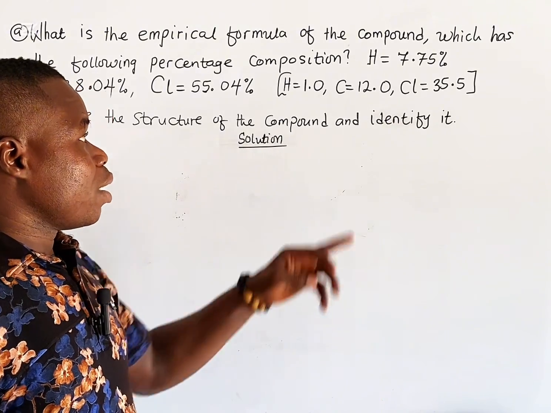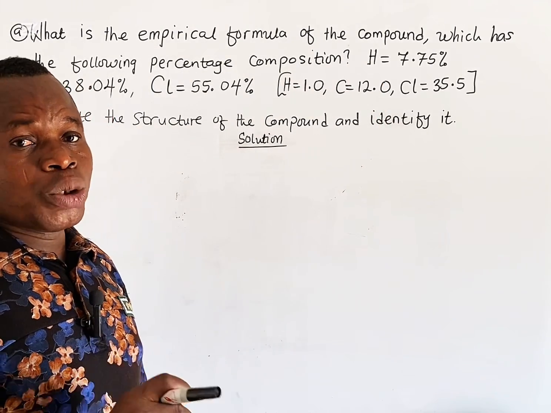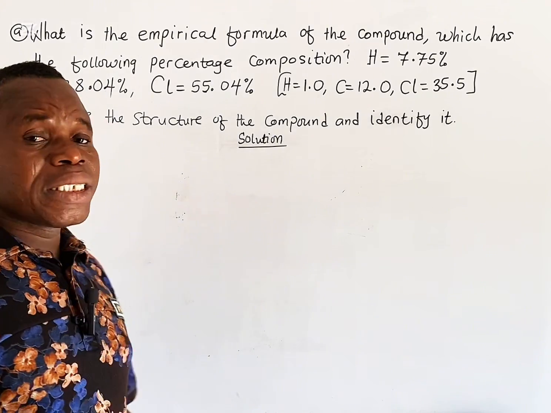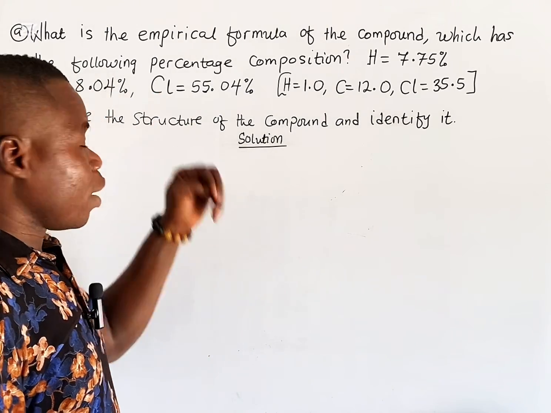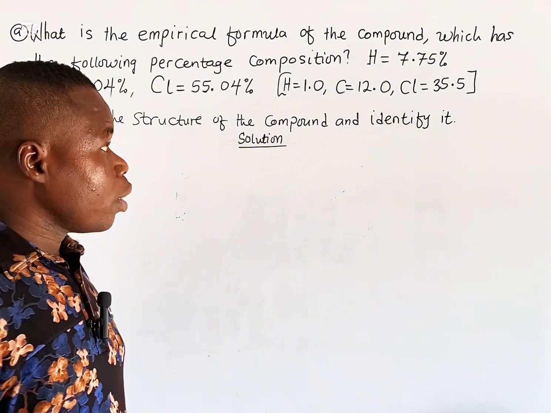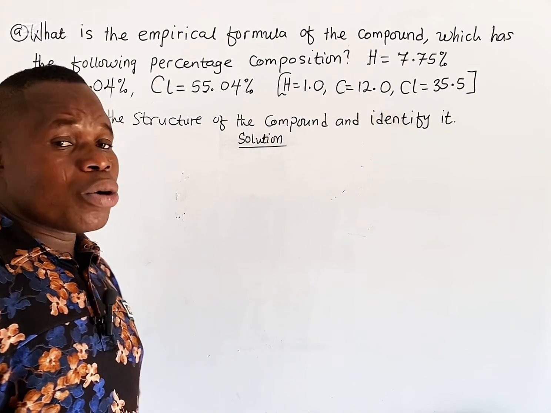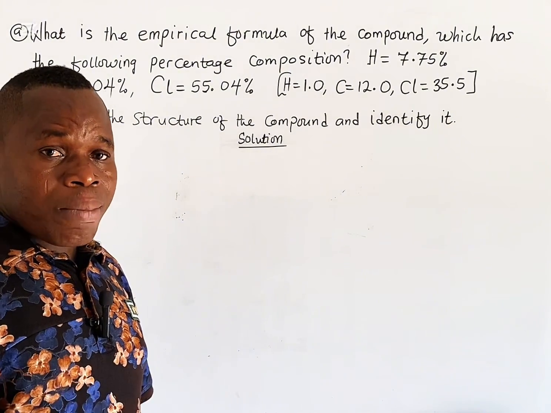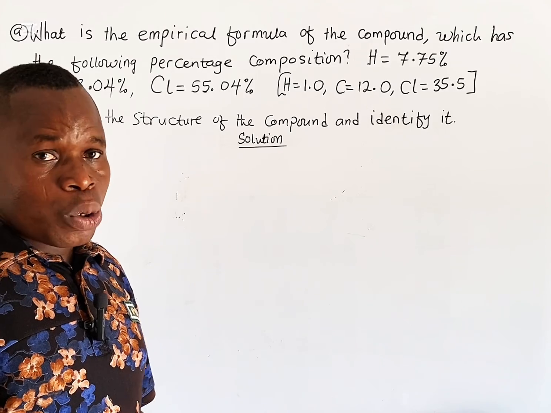Note that H means hydrogen, C means carbon, Cl means chlorine. That means that the compound is made up of carbon, hydrogen, and chlorine.